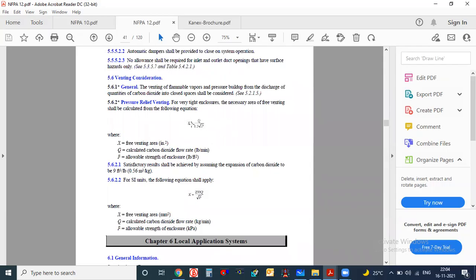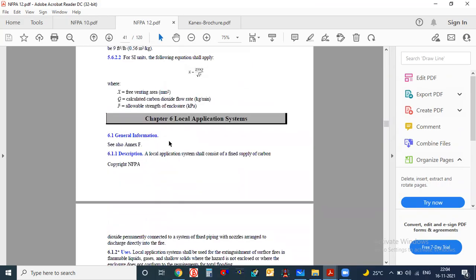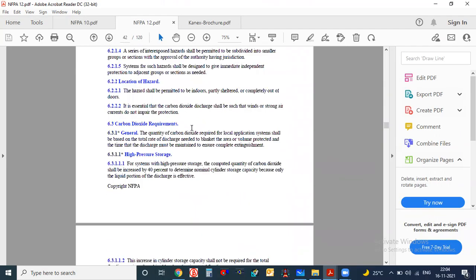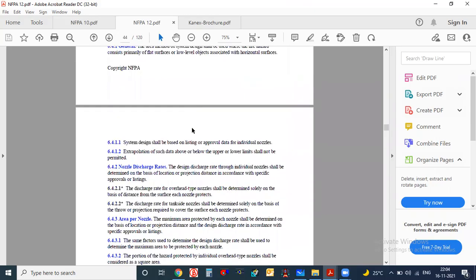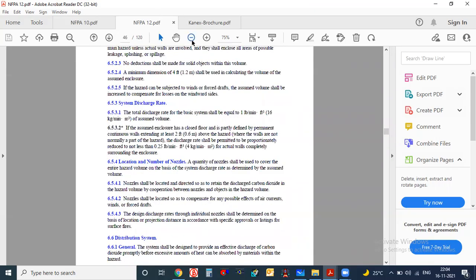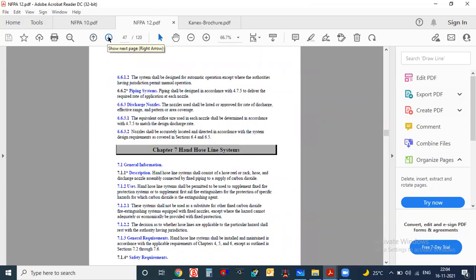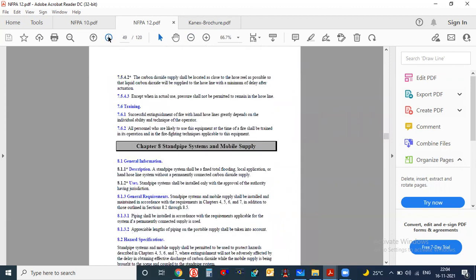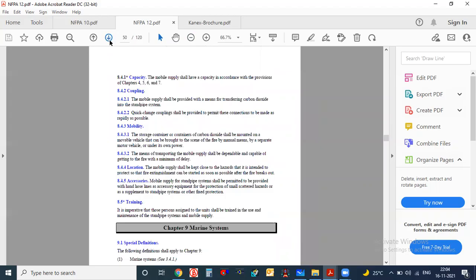Here also they have given CQ is the carbon dioxide flow and P should be the pressure here. But here they have not given PF, allowable strength. This chapter is local application system. Again, this is not required for us. Maybe this particular book is not talking about the design side at all. It's only talking about the product side.